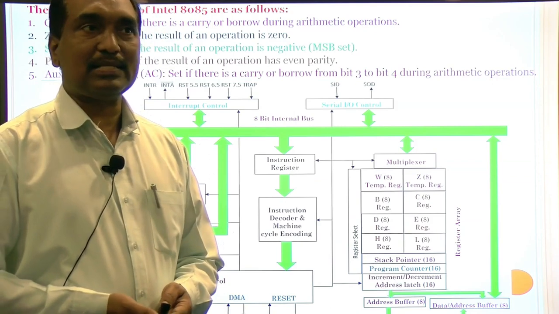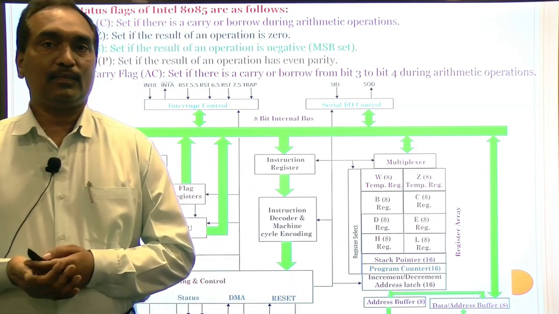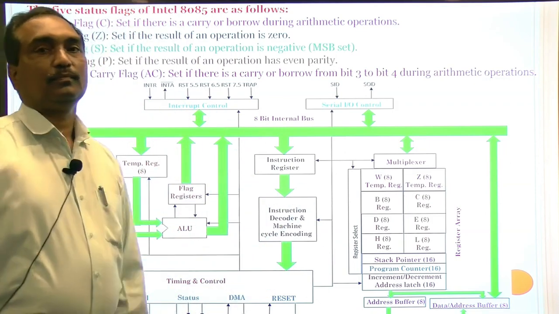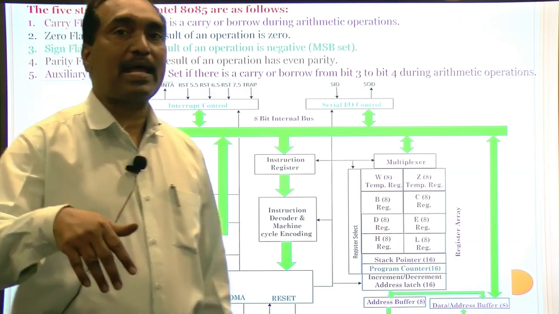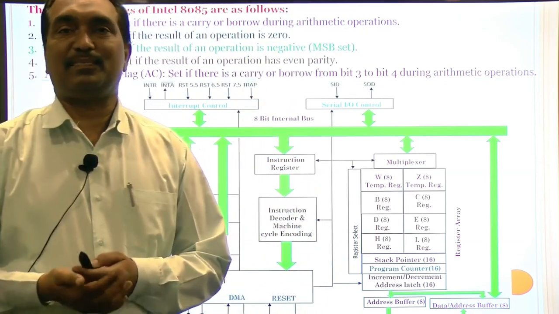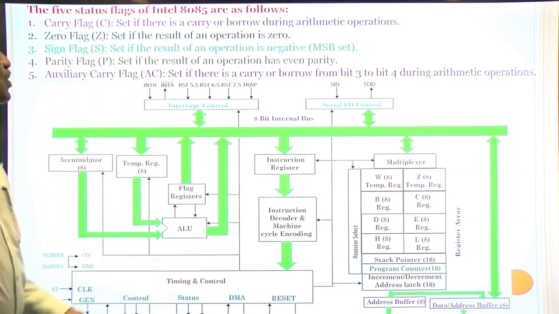This is nothing but a 6 and a 1: 6 is the sum, 1 is called the carry. In that case, we use the carry flag. And when we are doing subtraction and need to take a borrow from the next most significant bit, in such cases the carry flag will be set.